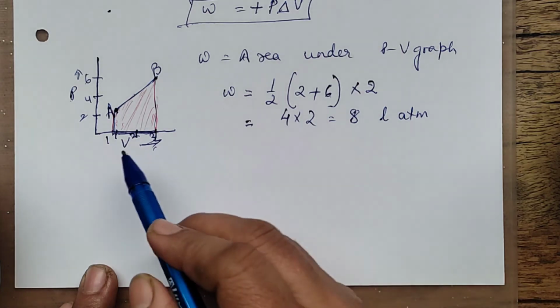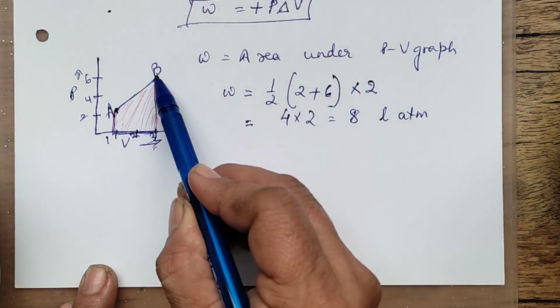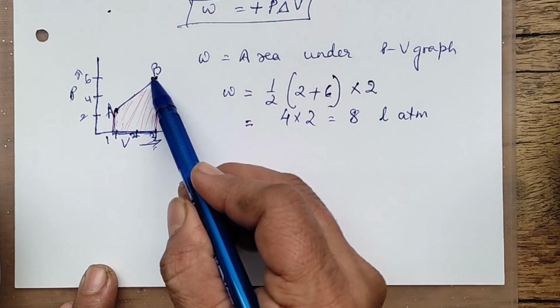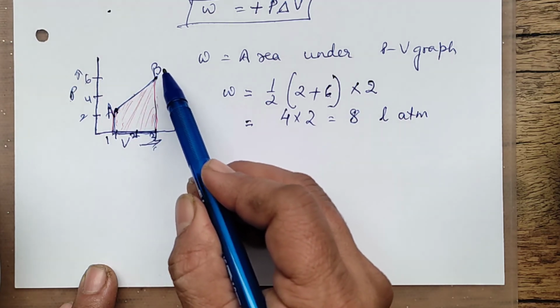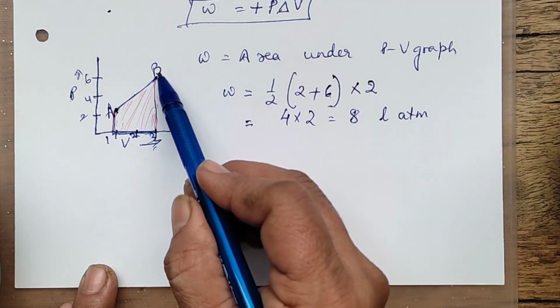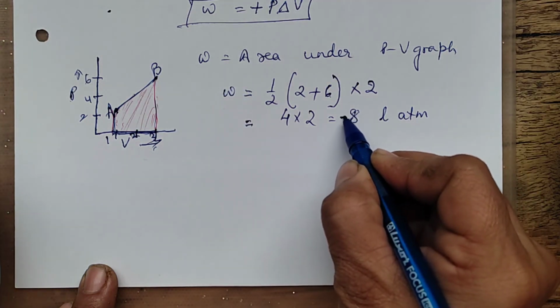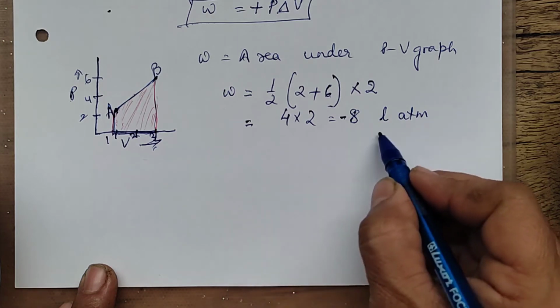Now one thing: from A to B, volume is increasing, that means delta V is positive. Delta V positive means work is done by the system. By the system means you will write it with the minus sign. And this is in liter atmosphere.